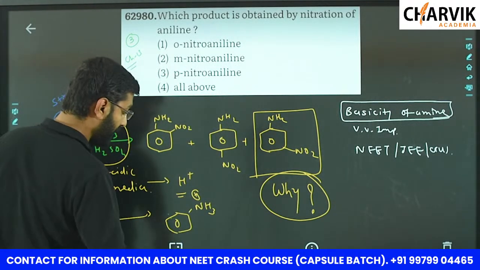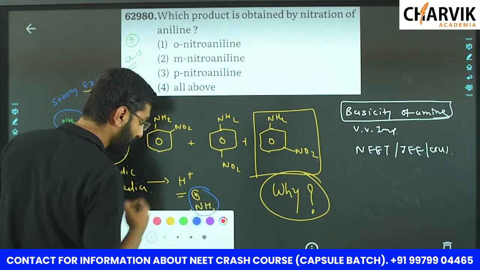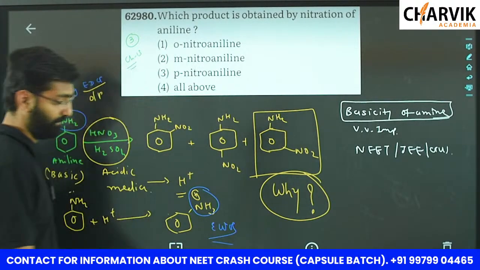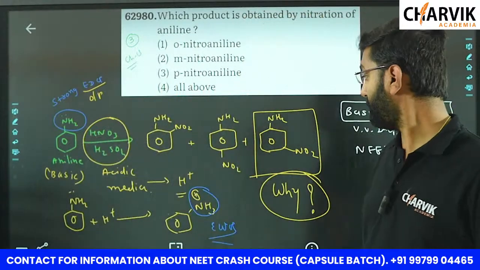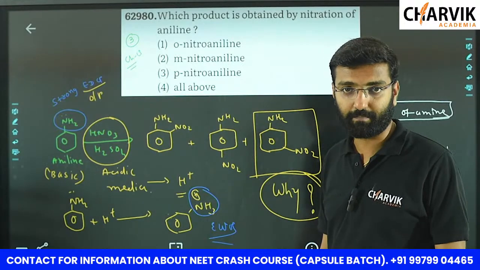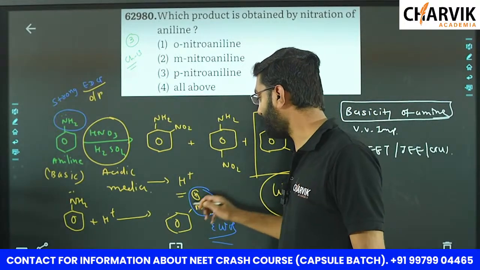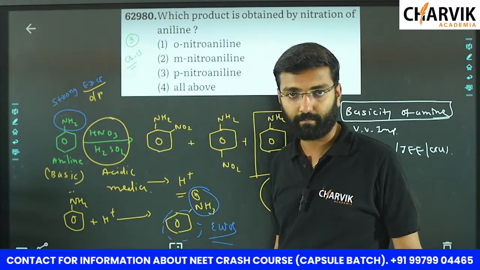This NH3 positive is an electron withdrawing group because nitrogen has positive charge, and you know that if charge increases then stability decreases. So here NH3 tries to withdraw electrons from this benzene ring, right?